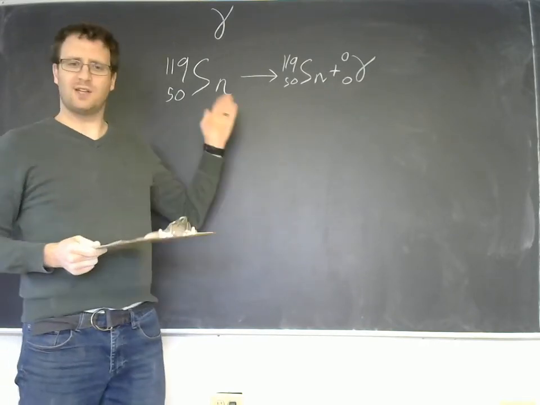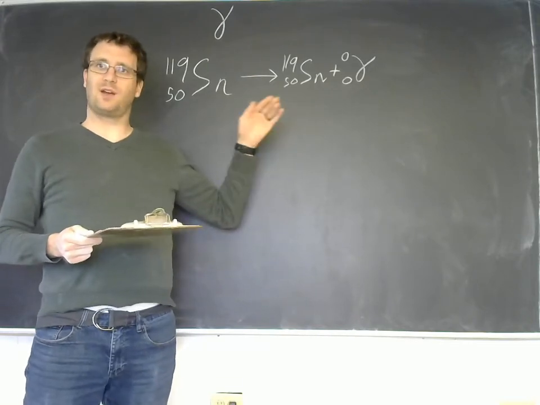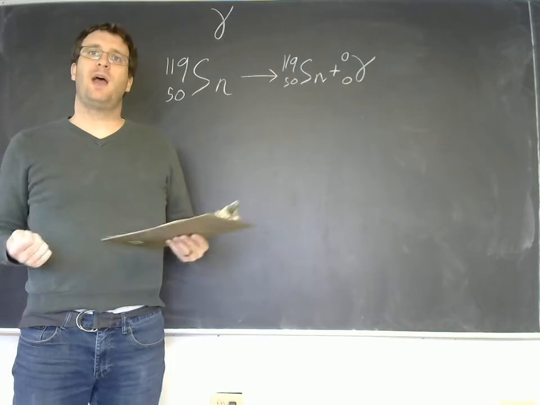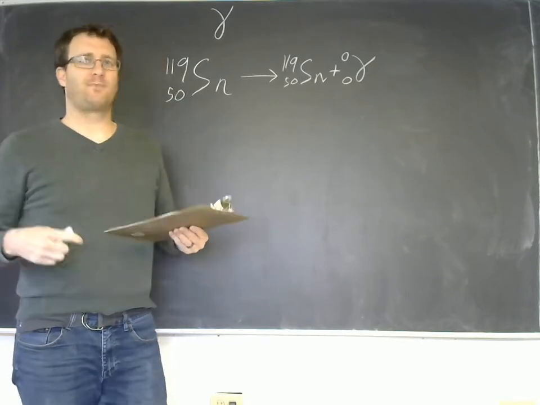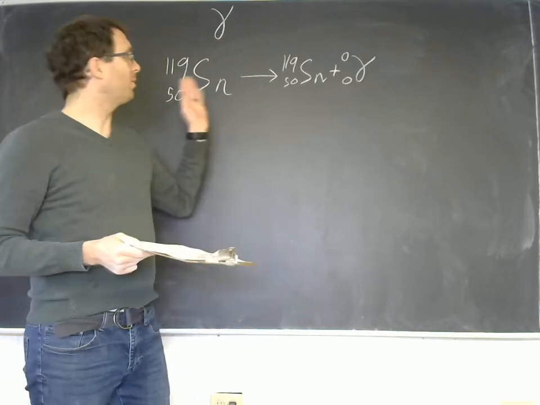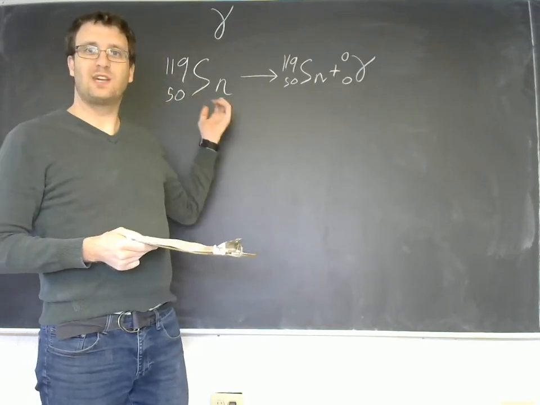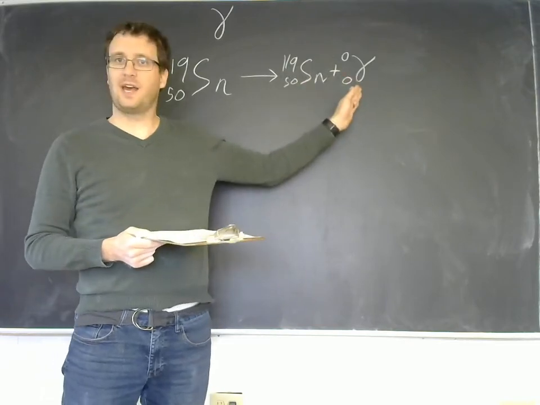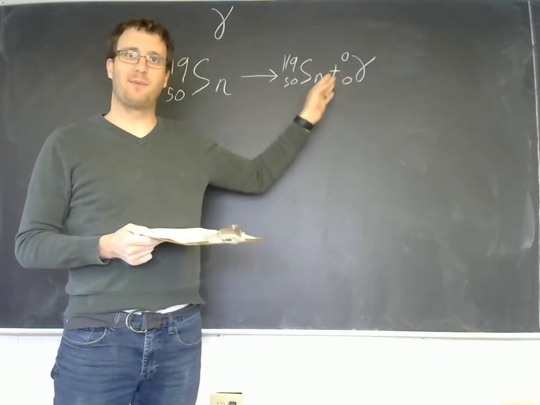So tin's not the only one that does this. There is an element called hafnium, and one of its isotopes is particularly efficient at absorbing energy, storing it in an excited nuclear state, and then releasing that energy later in the form of gamma radiation.